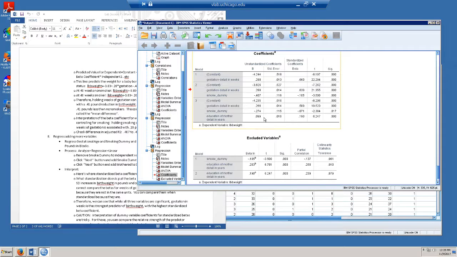So whenever you have dummy variables, you're going to want to stick with interpretations of your unstandardized beta and talk about the mean difference in real terms, because the units of your unstandardized betas for dummy variables are in pounds, or whatever the units of your y are.